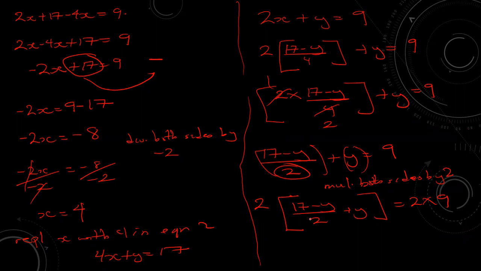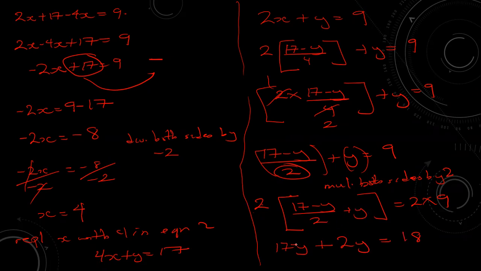Okay, when we multiply this, this will cancel out. So we're left with 17 minus y plus 2 times y, that's 2y, equals 2 times 9, 18. So when you multiply, this 2 will affect everything on the left-hand side, including the y.